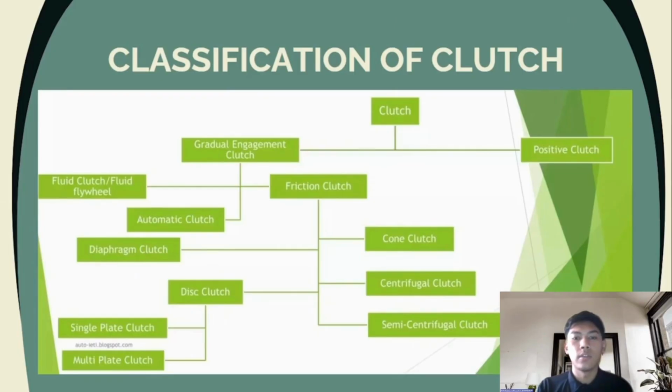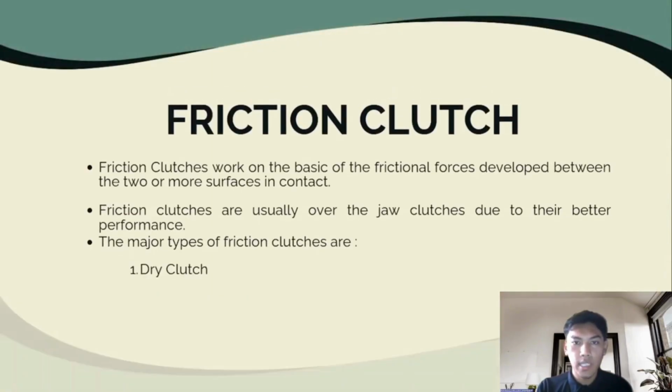Friction clutch is divided into five components, which is cone clutch, centrifugal clutch, semi-centrifugal clutch, diaphragm clutch, and lastly disc clutch. Disc clutch is divided into two plates, which is single plate clutch and multi-plate clutch.